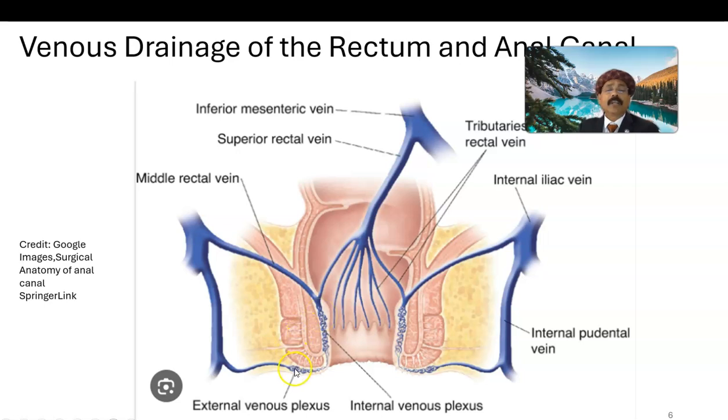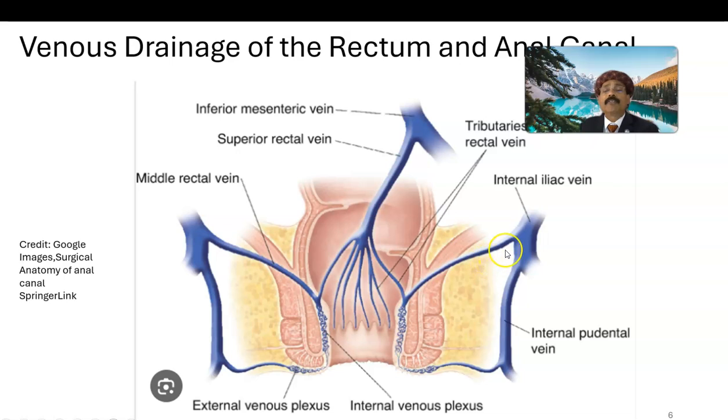Also the external rectal venous plexus, not only around the anal muscle but also around the rectal muscle. From there we have the tributaries of the rectal veins. Here we get the superior rectal vein, and the venous blood will drain into the inferior mesenteric vein.